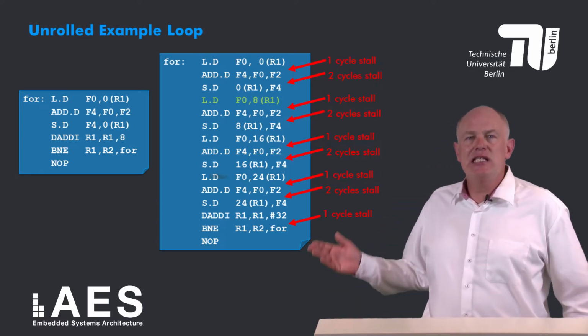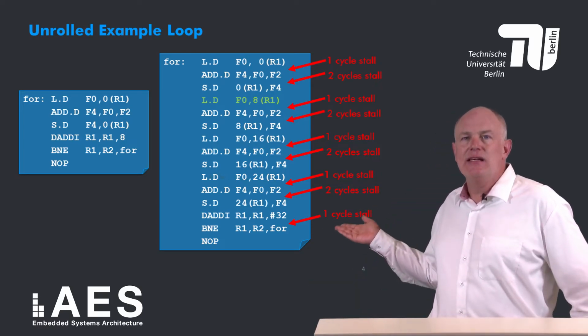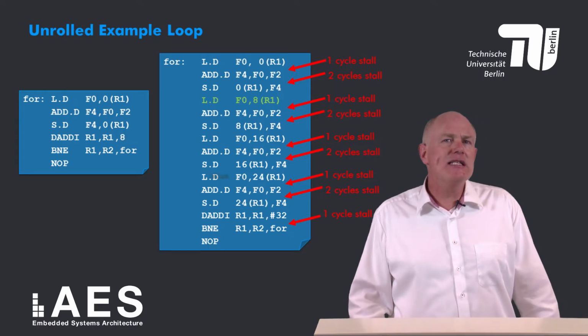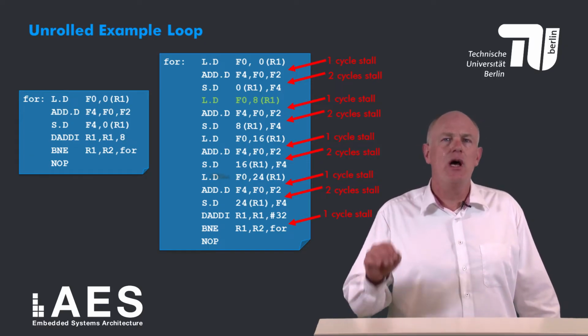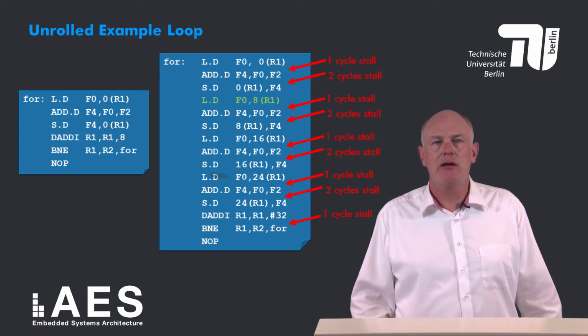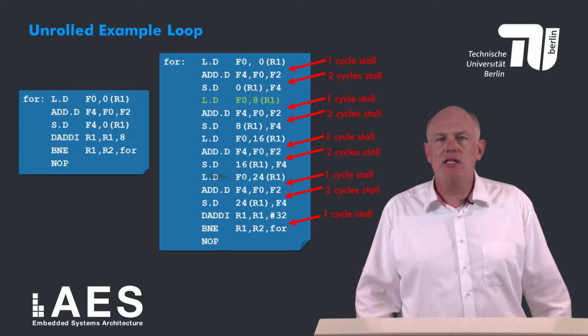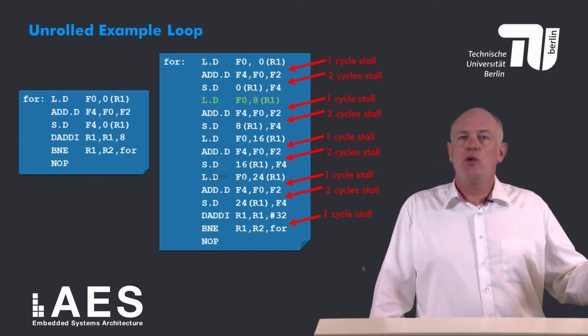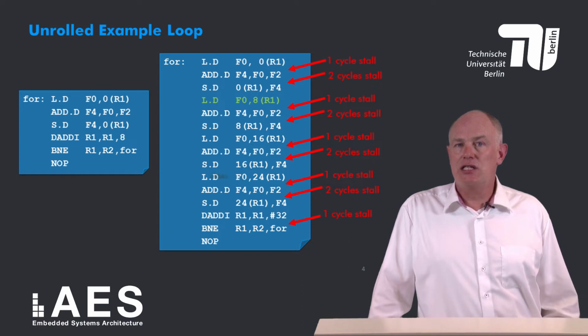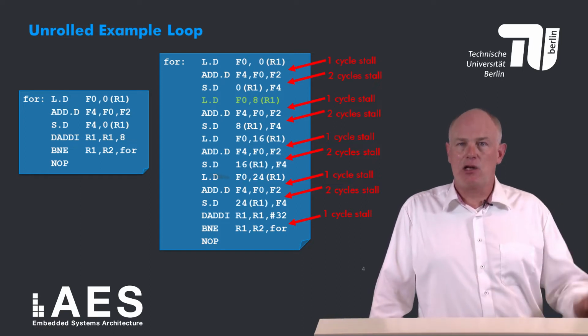In fact, this loop requires 28 clock cycles, 14 instructions plus 13 stalls plus an empty branch delay slot. In other words, 7 clock cycles per element are required, which is slower than the previous scheduled loop, which took 6 clock cycles per element.